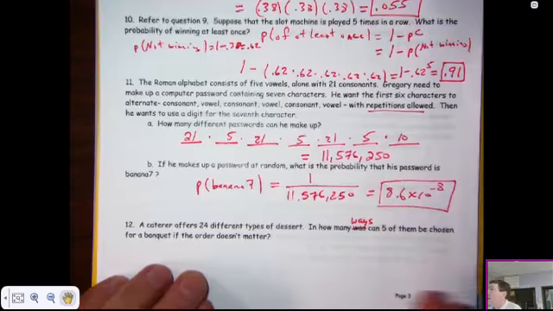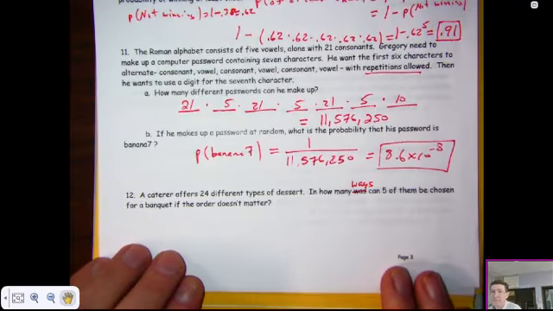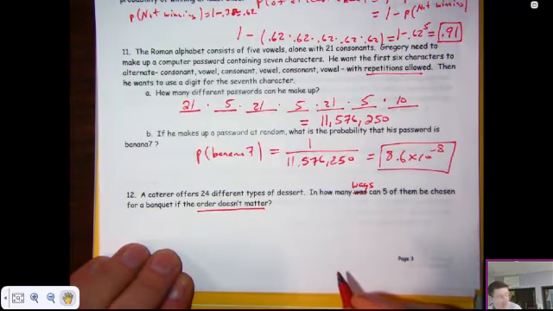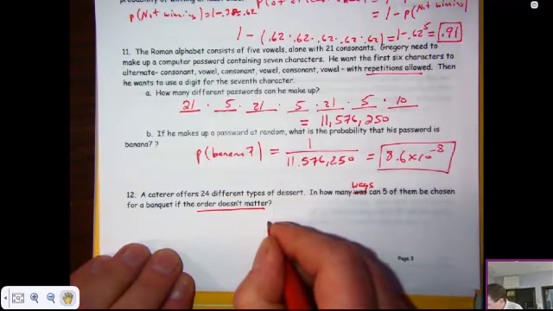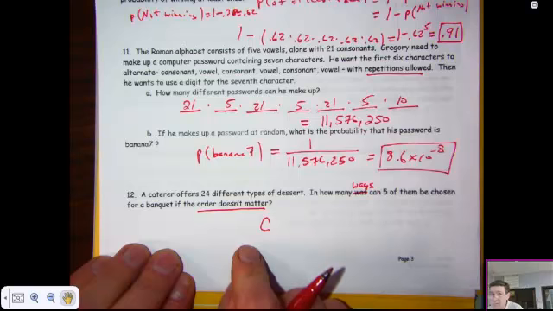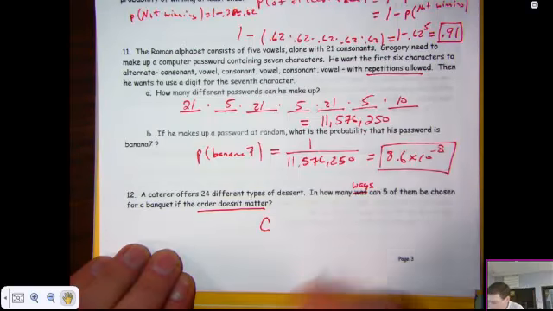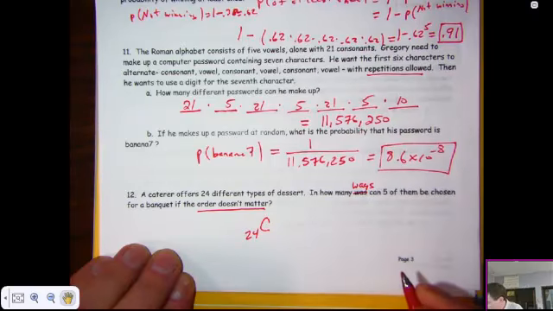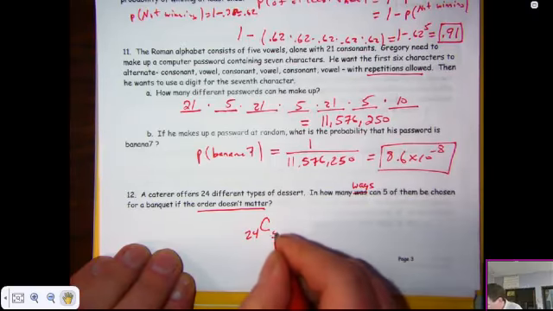All right, so the key statement on this is what? Order doesn't matter. What's that tell me? It's a C and not a P. It's a combination, right? Not a permutation. Now, what number goes first in my combination? 24. Out of 24 different types of desserts, I want to choose 5 of those.